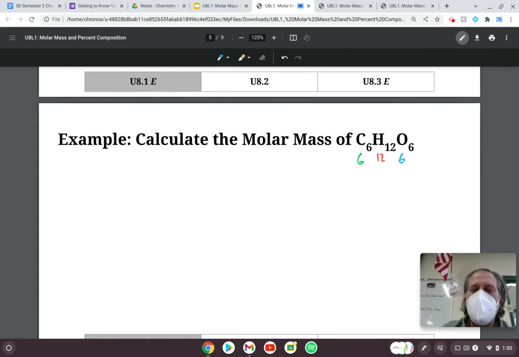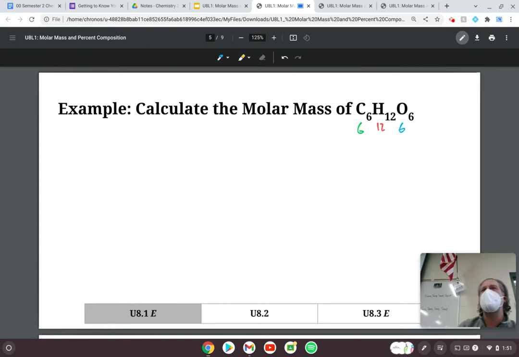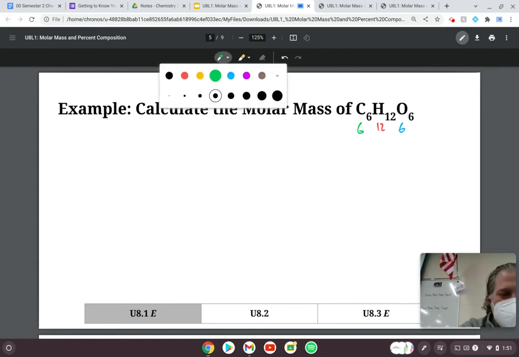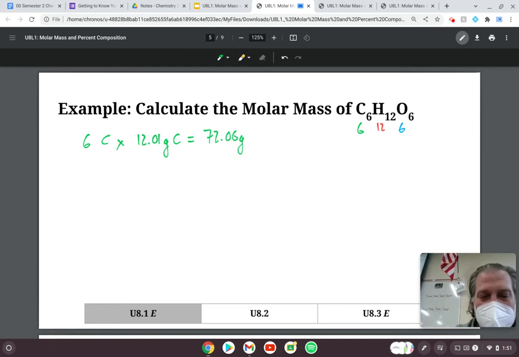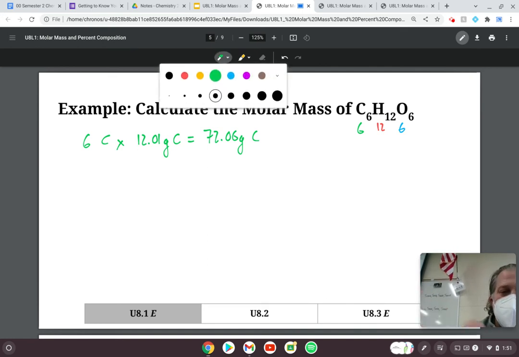Okay? So what we're going to do to calculate the molar mass here is we are going to take 6 carbons times the mass of 1 carbon, which is 12.01 grams of carbon on the periodic table. And 6 times 12.01 is 72.06 grams of carbon in the molar mass of this compound.